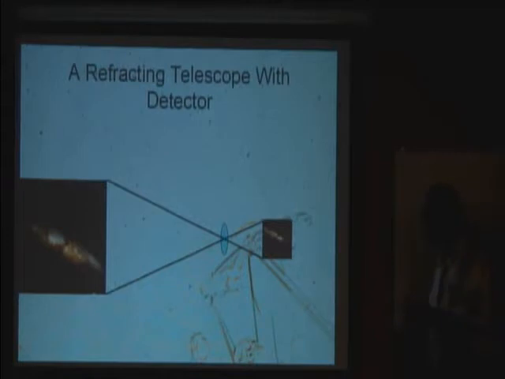Instead of a retina back here, what do we use? Not a mirror, because you're not going to reflect it. What do we use to detect light in a telescope? Do you know? No, not glass. We're trying to detect the light. We're not trying to bend it or change it.